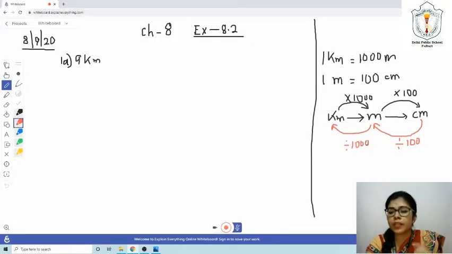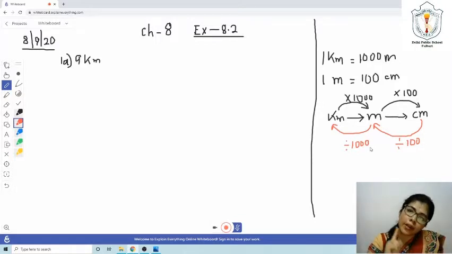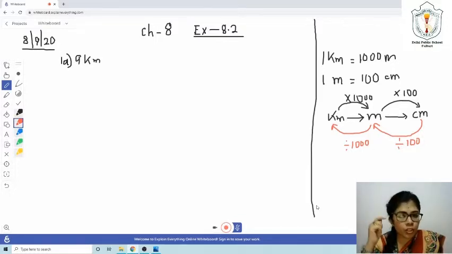If you remember this conversion cycle, children, it will be very easy for you. So kilometer to meter means into 1000, meter to centimeter into 100, and centimeter to meter divided by 100. Meter to kilometer is divided by 1000. Always remember, higher to lower means multiply, lower to higher means divide. Keep it in your mind and lock it.